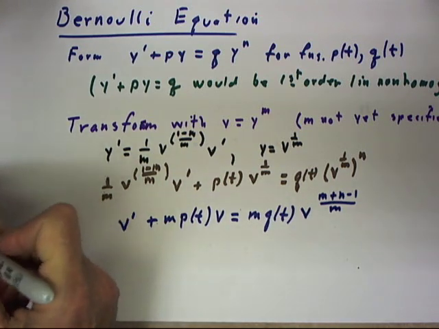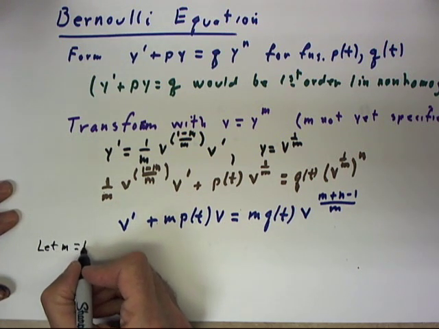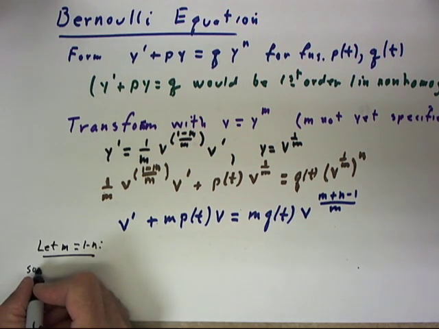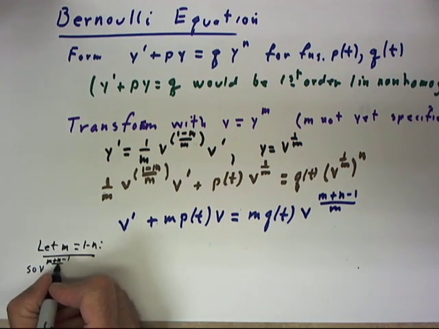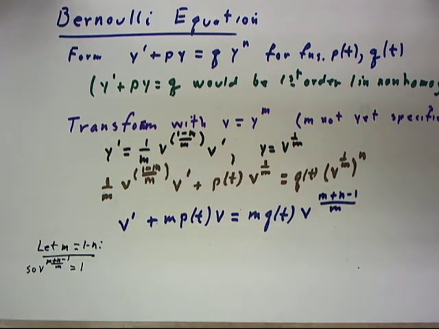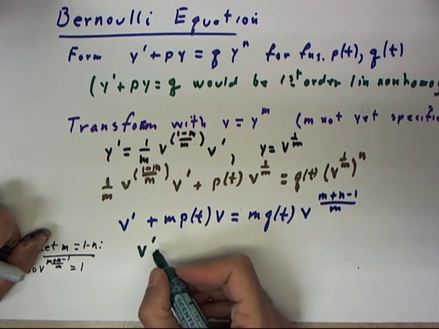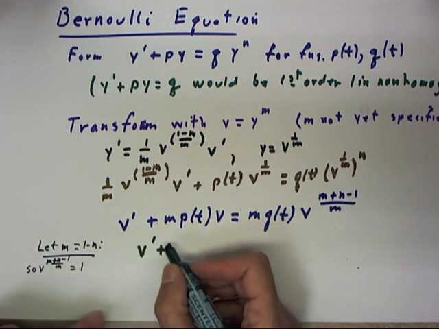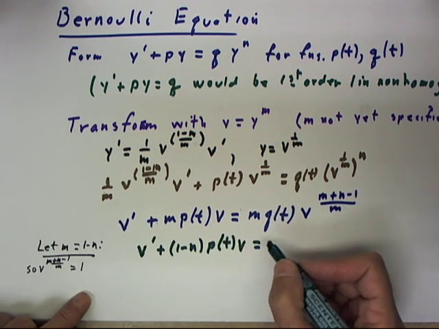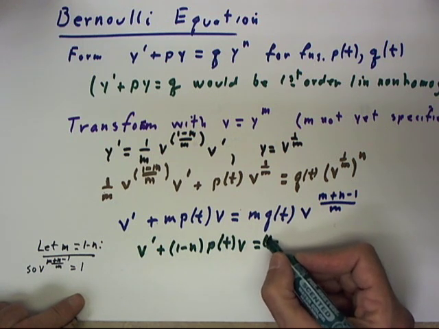So we'll just write down, let m equal 1 minus n, so v to the m plus n minus 1 over m equals 1, and our equation magically transforms into v prime plus, now we're going to let m be 1 minus n, so we're going to have 1 minus n here, p of t v equals m, which will be again, let's try to make this into 1.